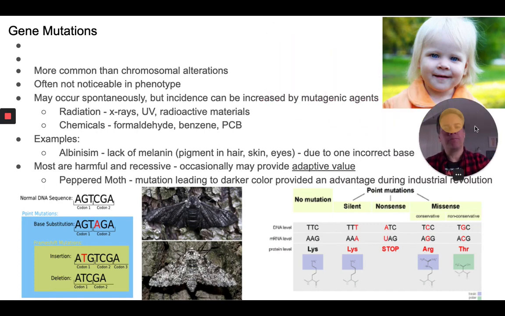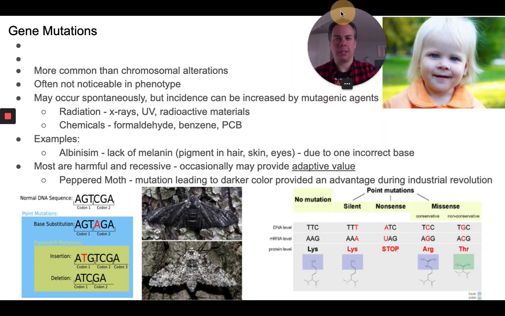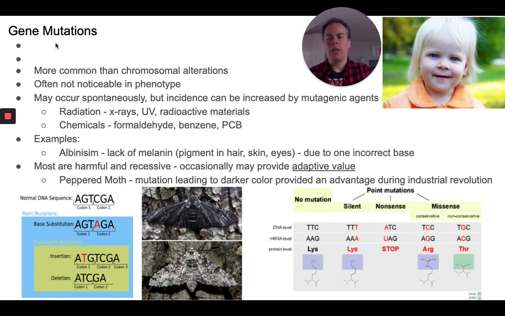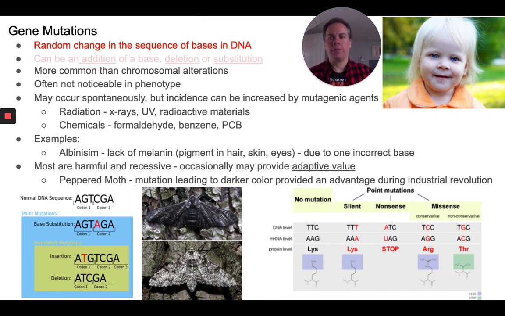So when mutations happen, a change in the DNA of an organism, okay, it leads to variation in the offspring. Okay, typically mutations are random. This is more common than one of those chromosomal alterations we just talked about. And I think we talked about this back in genetics, but in gene mutation, an extra DNA base can be added in, or deleted, or substituted, one letter for another.